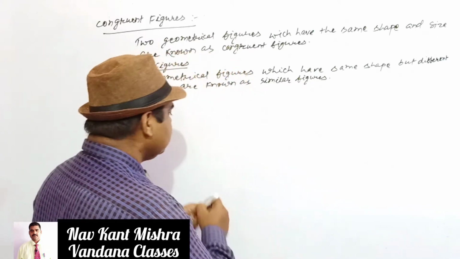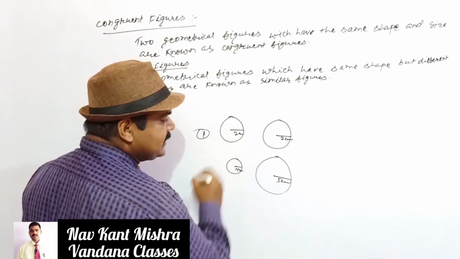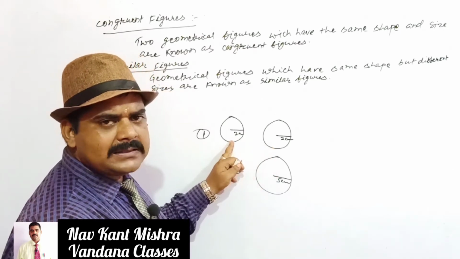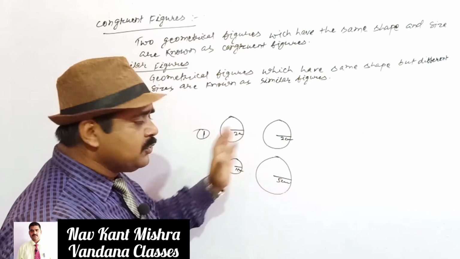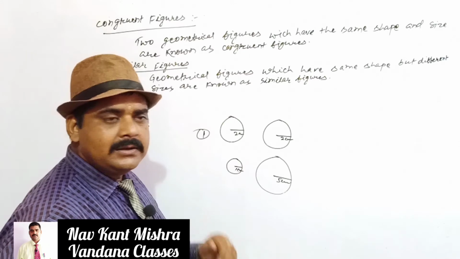Suppose you draw two circles. In the first example you can see that both are circles in shape, and in size both have a radius of 2 centimeters, and this is why both are said to be congruent.